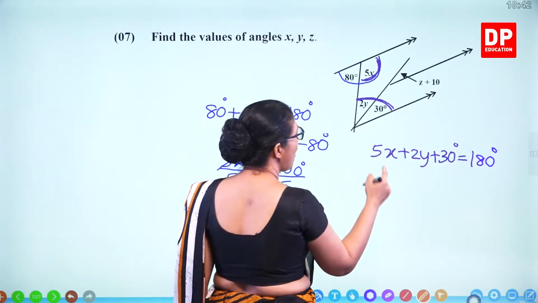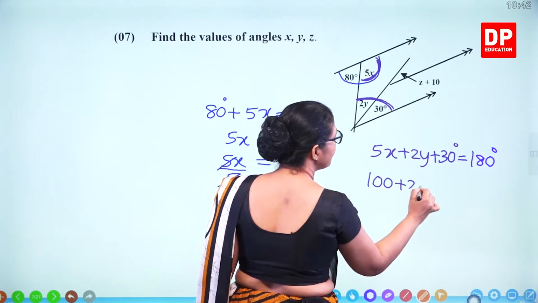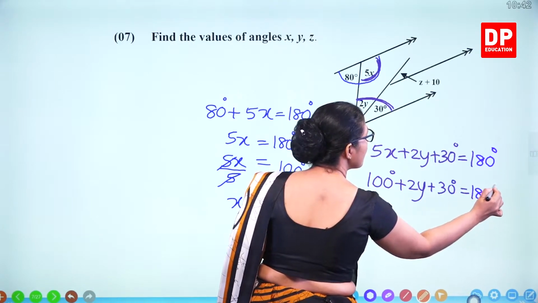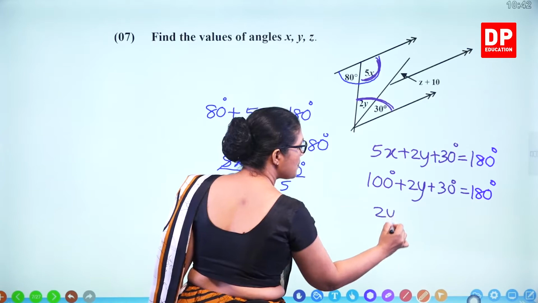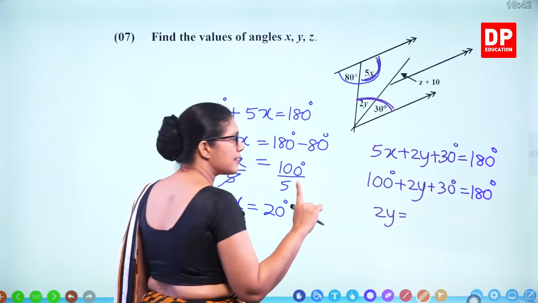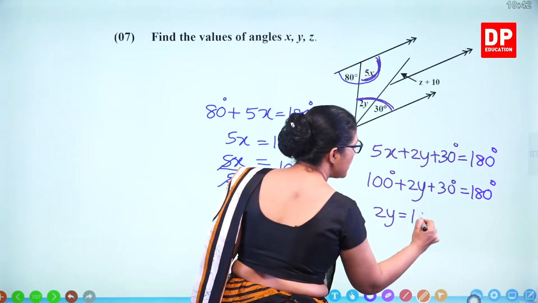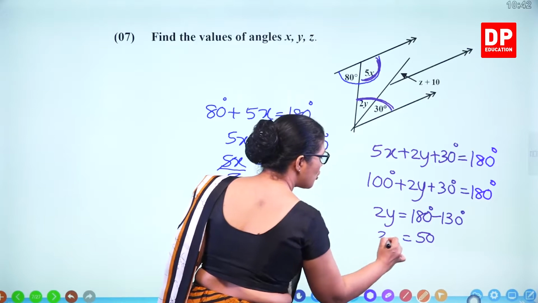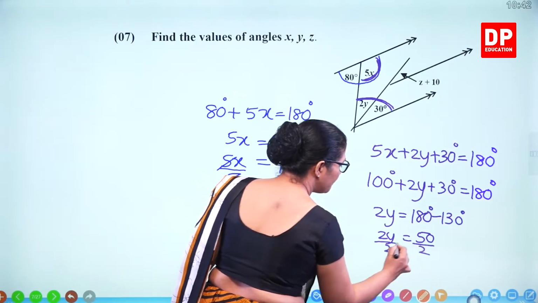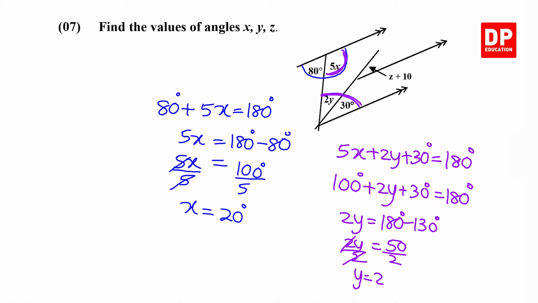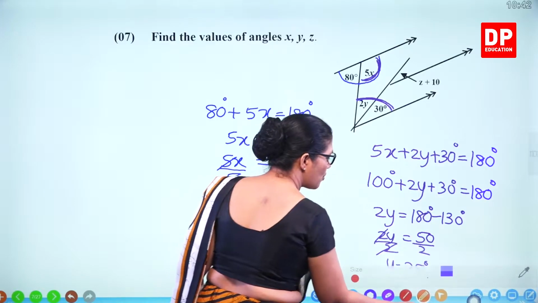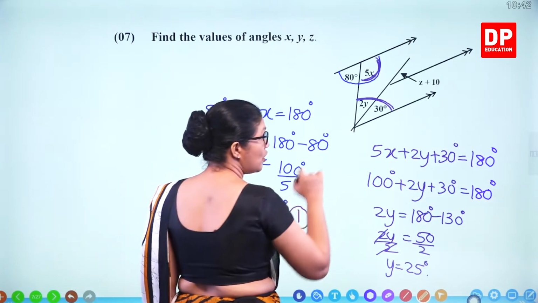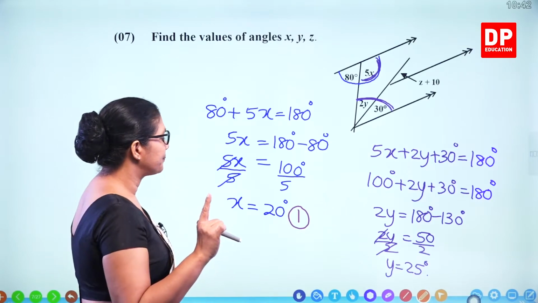Substitute, 20 times 5, 100. 2y becomes 100 plus 30, 130. When you take it to the other side, 180 minus 130, so you get 50. 50 divided by 2, y becomes 25 degrees. So you get 1 mark. But we need to find Z as well.